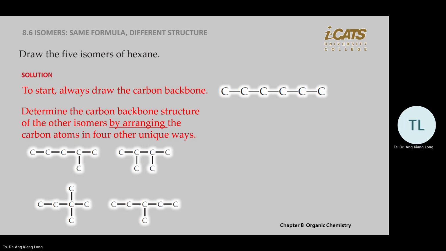This one also has branching. Understand? This is like playing Lego. You break one carbon, and then you mount it at any place you want. You play with the combination. So this is how you do it.